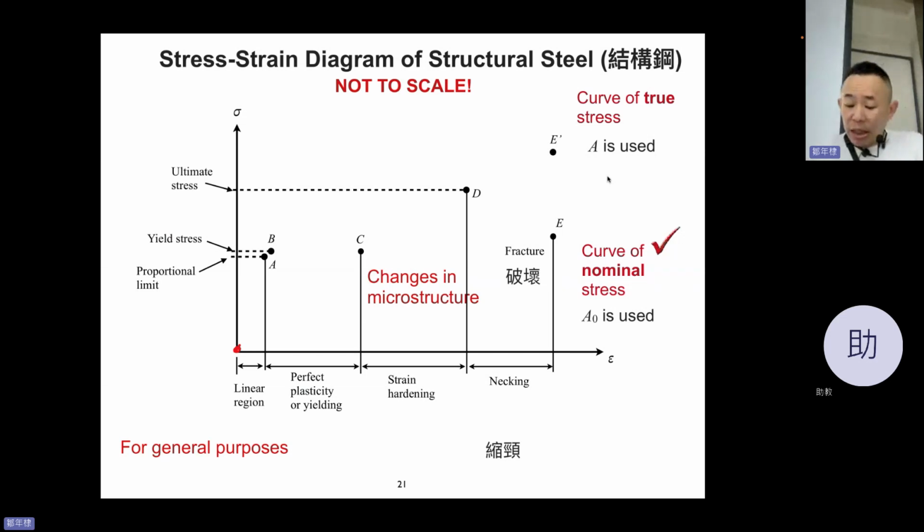And structural steel is a really typical material that we can talk about, and its behavior is really standard. So let's start. At first, it behaves linearly. So this is the linear region.